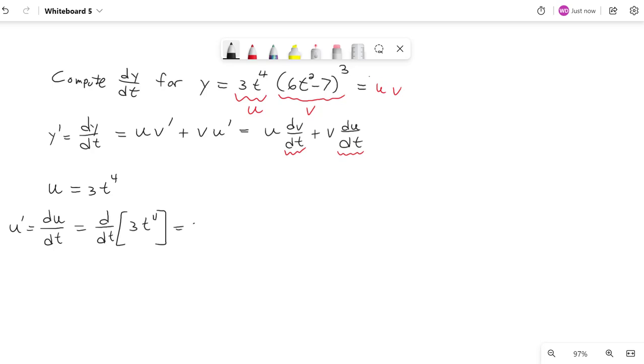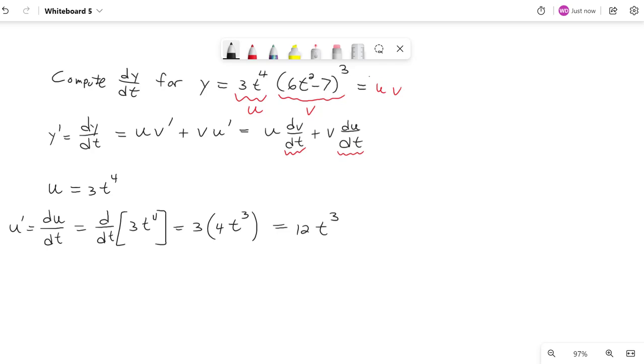So the 3 comes out, and then you take the derivative of t to the fourth, which is, by the power rule, 4 the power, t the base. You reduce the power by 1, that's 3. And then we just simplify it to write 12 times t to the third. All right, so we now have that derivative.